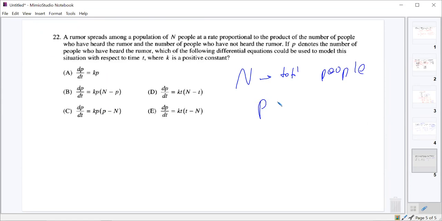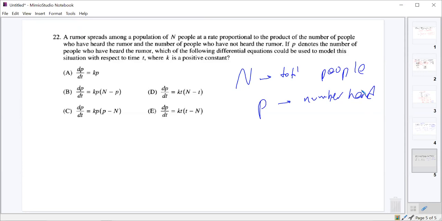P is the number that have heard the rumor. And we want to find the right differential equation to model this situation.